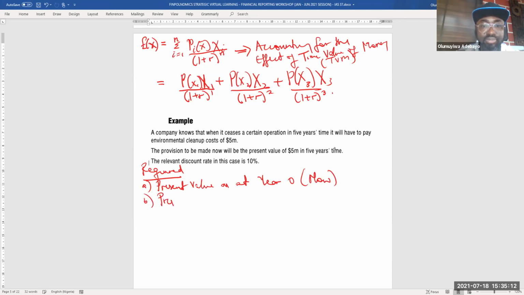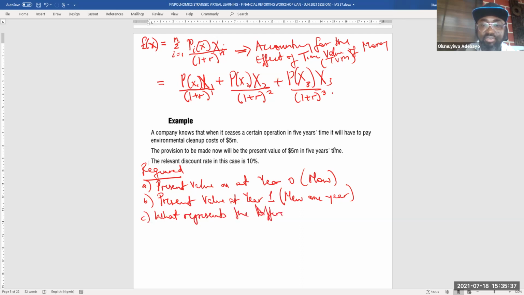B, the present value at year 1, which is next 1 year into the future, and C, what represents the difference between the present value in year 1 and year 0.